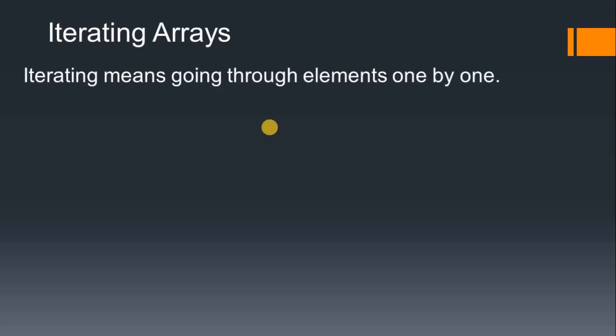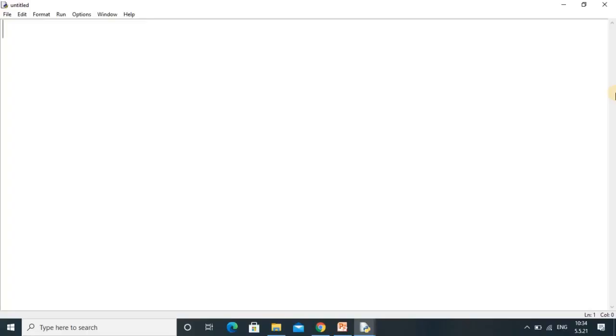Now we will go to the practical session and see how you can iterate the elements using a NumPy array. In the editor we will first import numpy using the import statement: import numpy as n. Then I take one variable a and n.array, and then here we will use a list of elements.